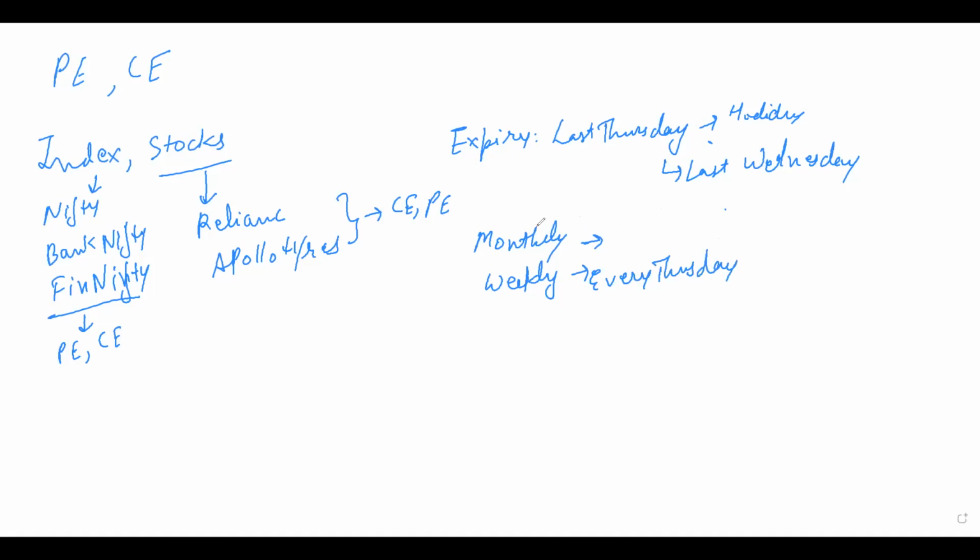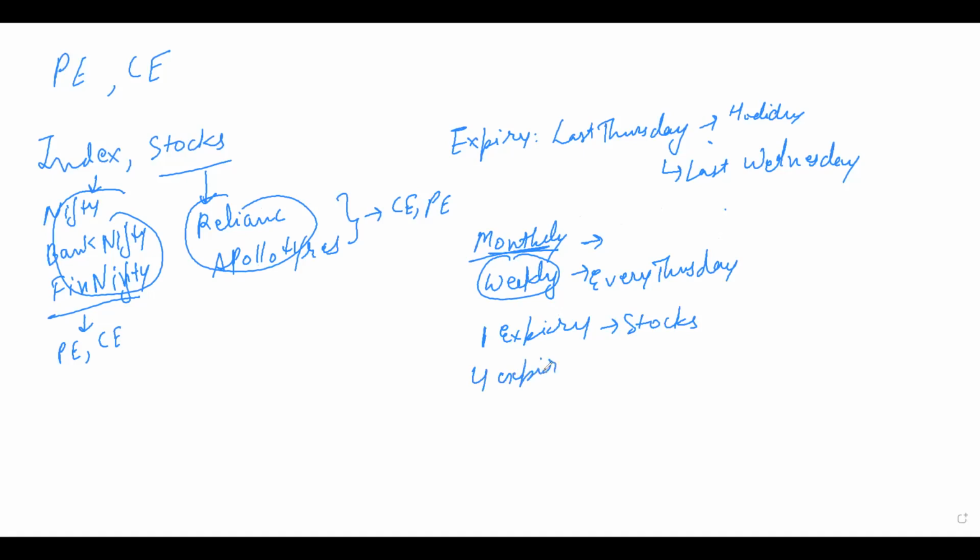Monthly expiry is only for stock options, whereas weekly expiry is only for index options. But index options also have a monthly expiry. So basically you will get one expiry in a month for stocks, but you will get 4 or 5 expiries, depending on how many Thursdays there are, for indexes.